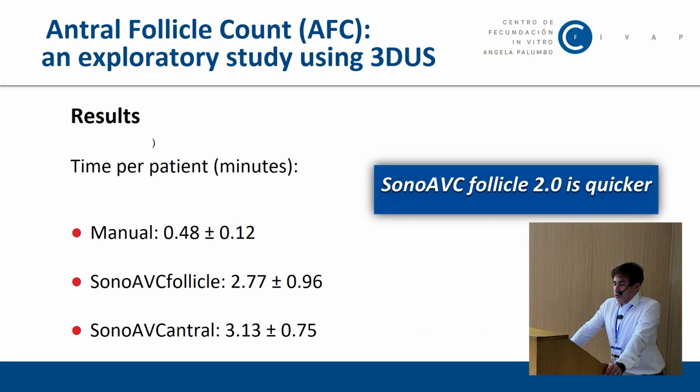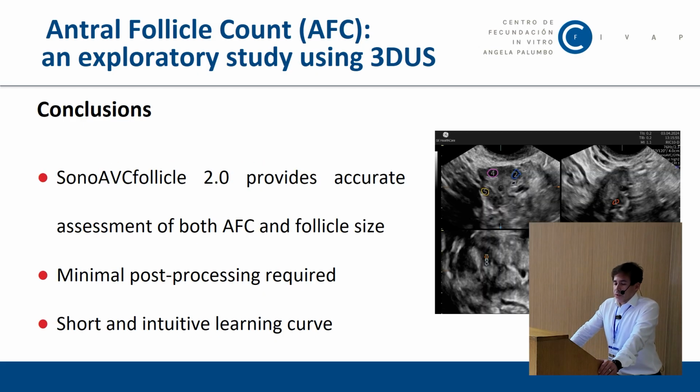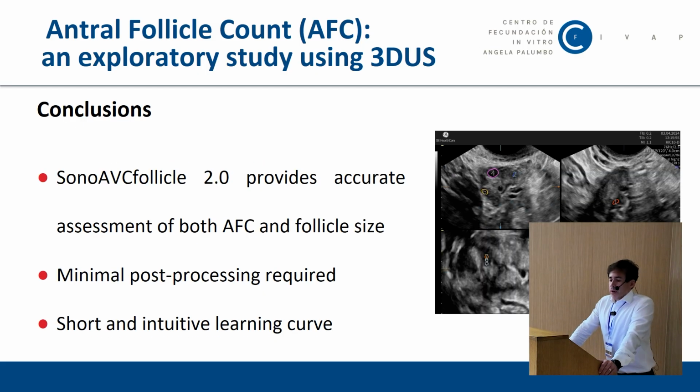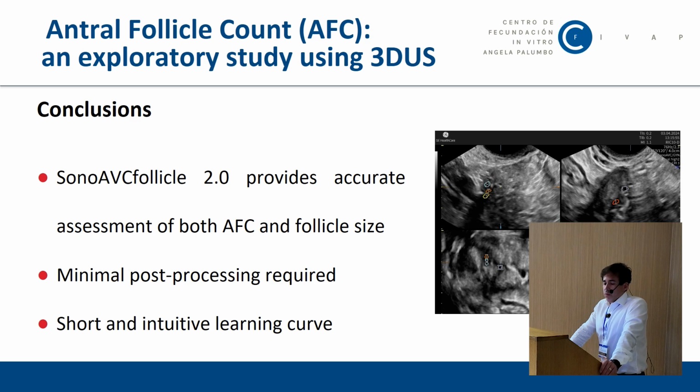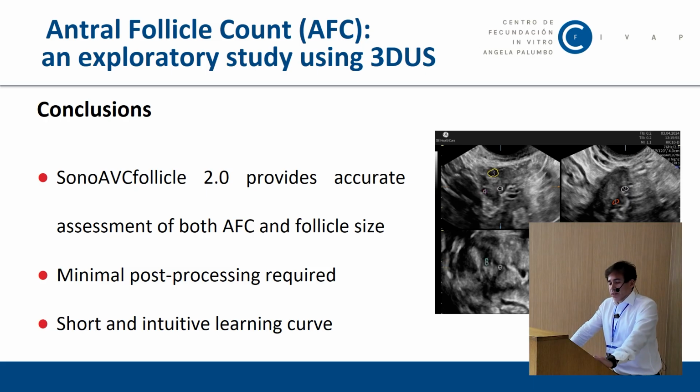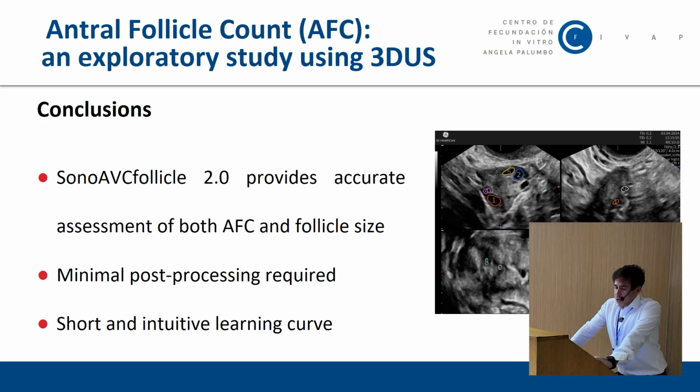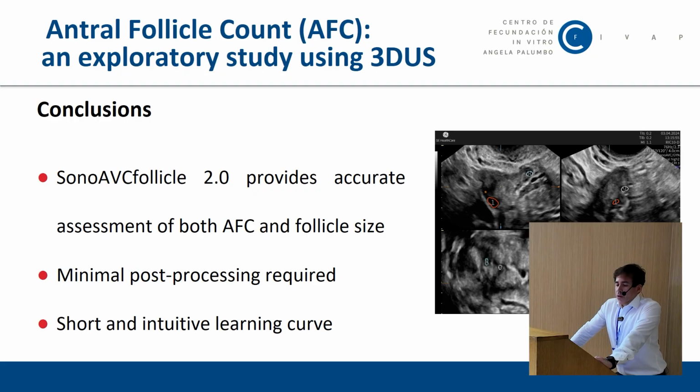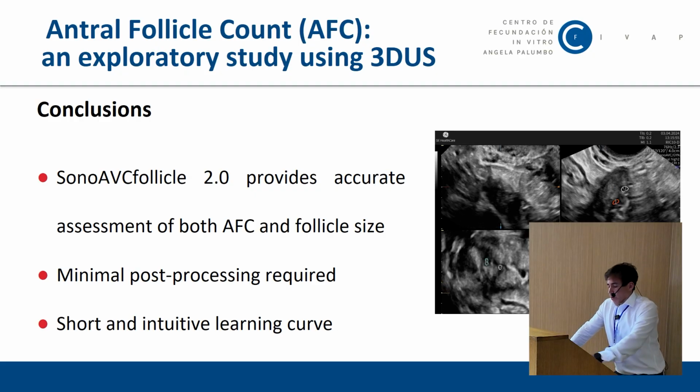SonoAVC follicle 2.0 is quicker than SonoAVC antral because of the post-processing. And we conclude that SonoAVC 2.0 provides accurate assessment of both antral follicle count and follicle size, has minimal processing required, and a short and intuitive learning curve.